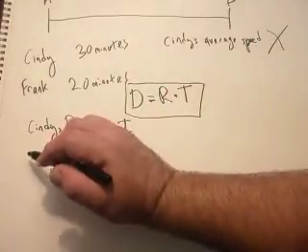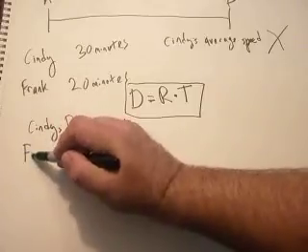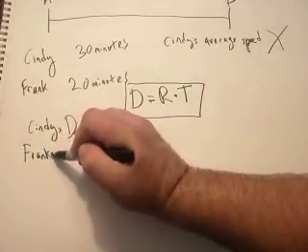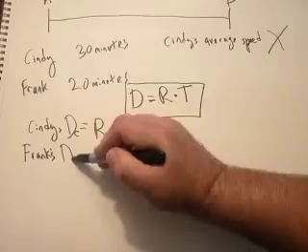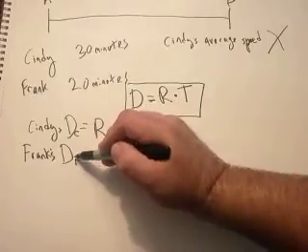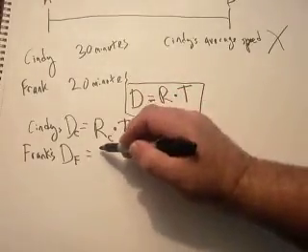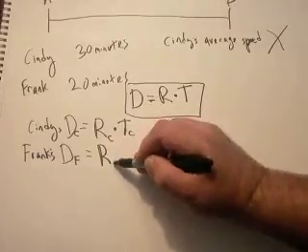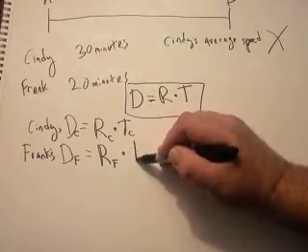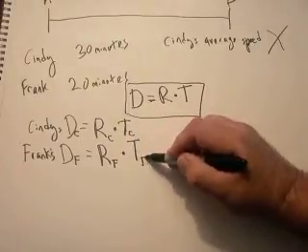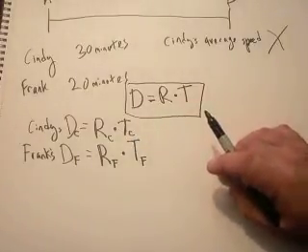And then we've got Frank's distance, so distance sub f for Frank, is equal to Frank's rate, so rate sub f times Frank's time, so time sub f.